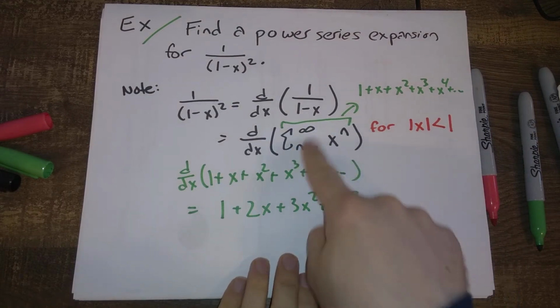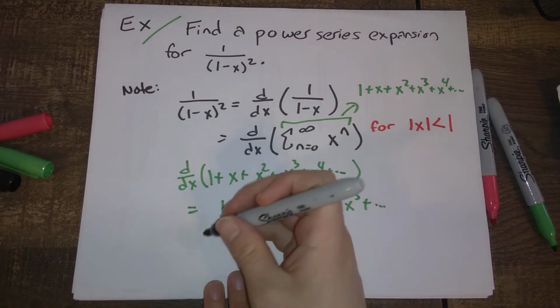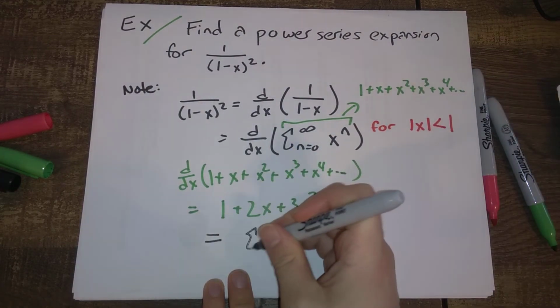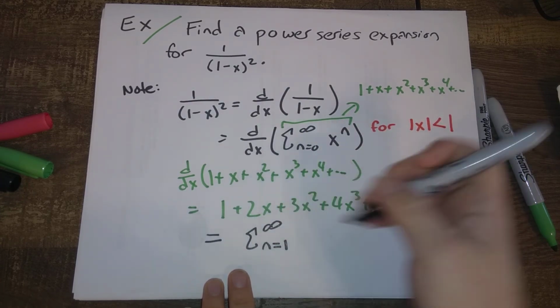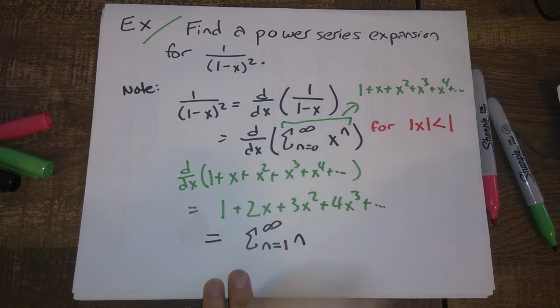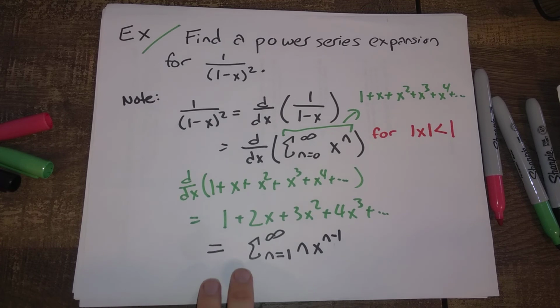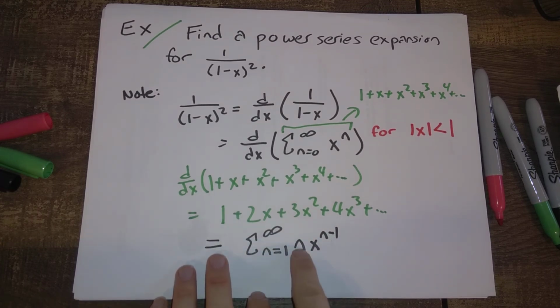If we want to write this in summation notation, we change the n from 0 to n equals 1, and we bring down the exponent, and we subtract 1 from it. So when n is 1, we get 1 times x to the 0. When n is 2, we get 2 times x to the 1.